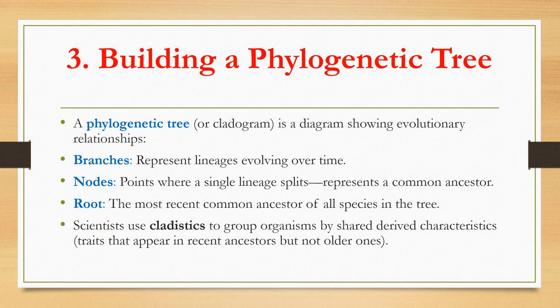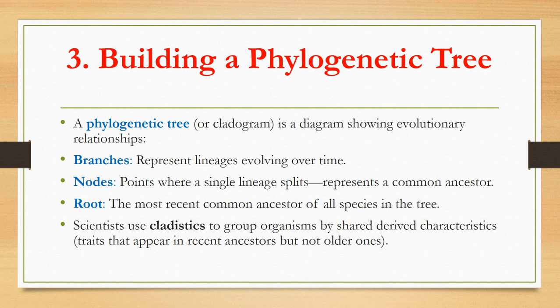Building a phylogenetic tree. A phylogenetic tree or cladogram is a diagram showing evolutionary relationships. Branches represent lineages evolving over time. Nodes, points where a single lineage splits, represent a common ancestor.